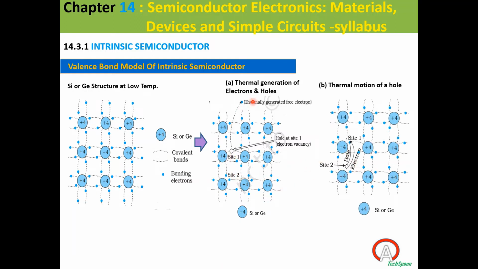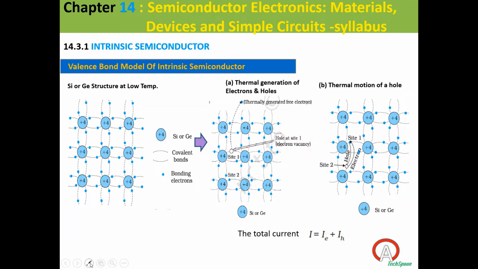In this first case, this electron is excited and a hole is created. From site 2, an electron moves and fills the site 1 hole. So the hole movement happens, the motion of a hole. The total current created in an intrinsic semiconductor is I = IE + IH.